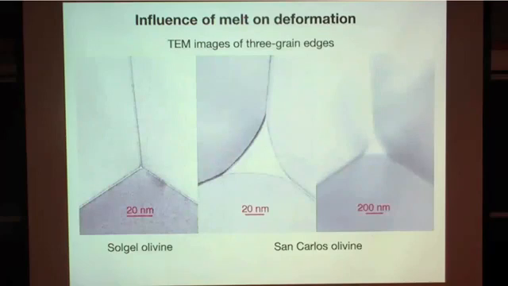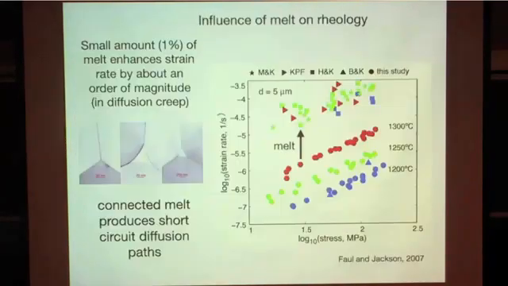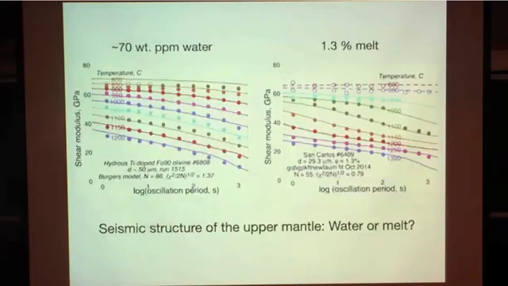And then melt, I'll jump over that. So very quickly, the melt distribution, effect of melt and large strain. Melt has quite dramatic effects. One of the things I wanted to leave you with is the question whether you have melt or water in the upper mantle. So here are seismic properties at 1.3% melt versus 78% water. This is a very high water content for an asthenospheric mid-ocean ridge source upper mantle, right?